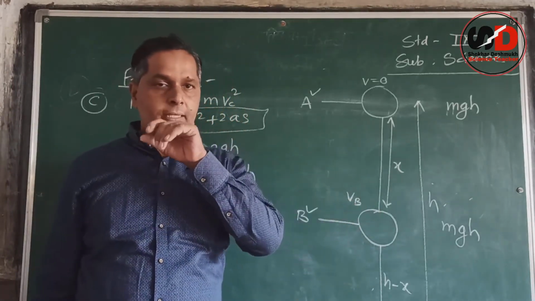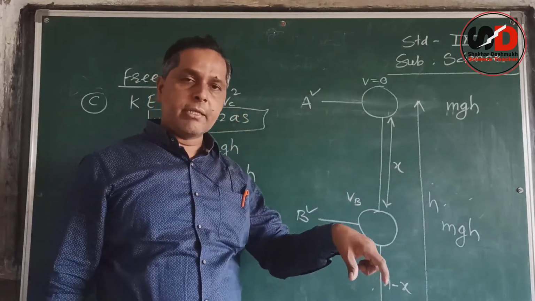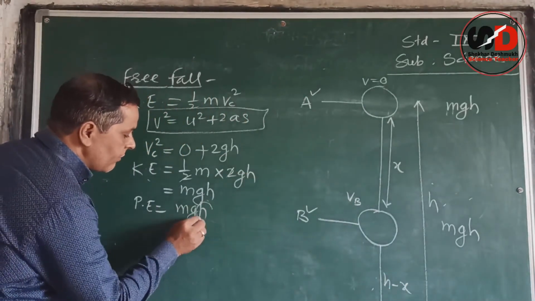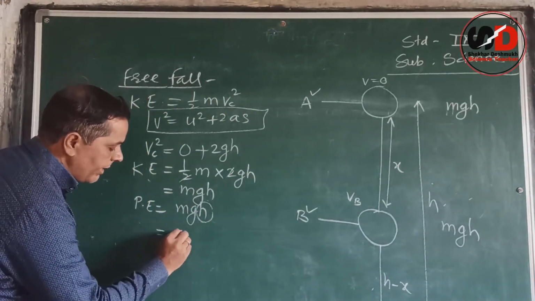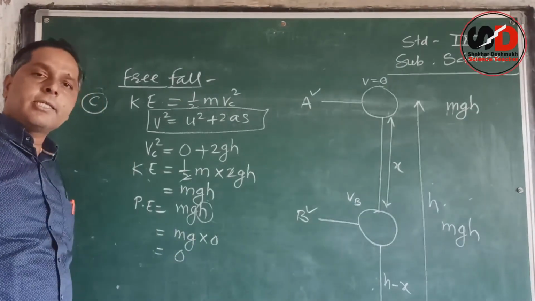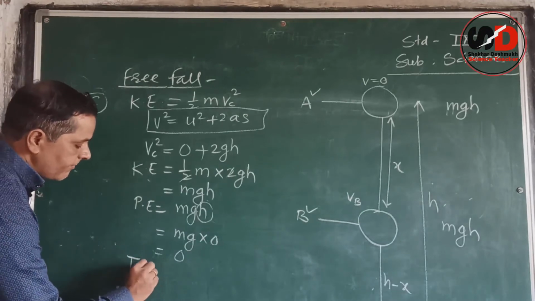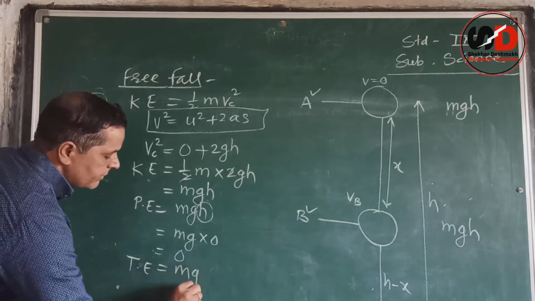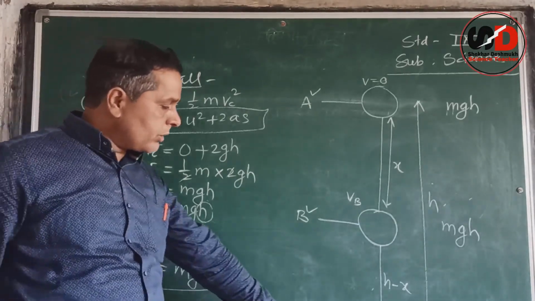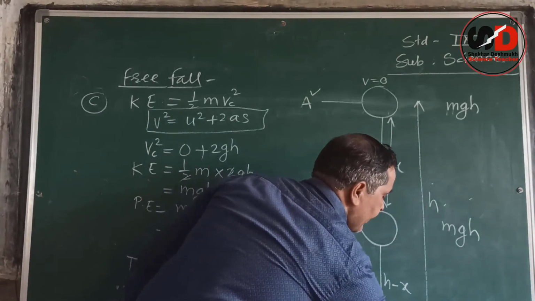Where is point C? The ball has fallen on the ground, and what is its height on the ground? 0. So instead of h we write 0 here, mg into 0, so it is 0. Potential energy is 0 at the ground and therefore the total energy is mgh again. So the total energy at point C is mgh.